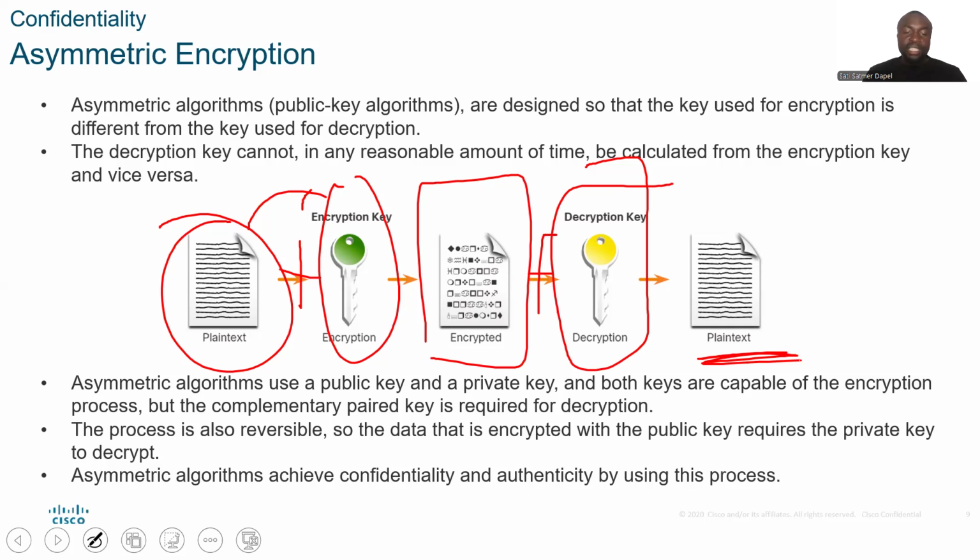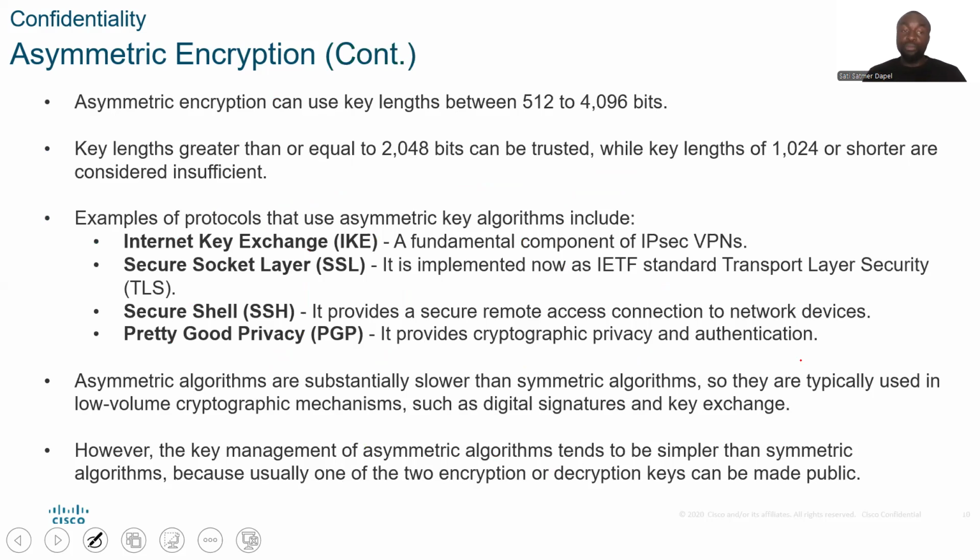Asymmetric algorithms achieve confidentiality and authenticity by using this particular process. Asymmetric encryption can use key lengths from 512 up to 4096. All right, so remember we said the longer the key length, the more difficult it is to break it.